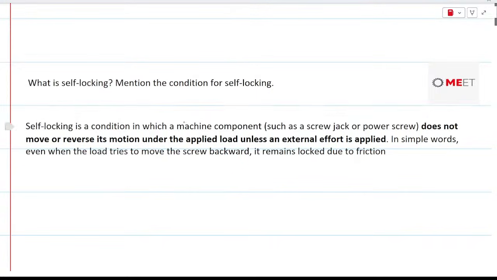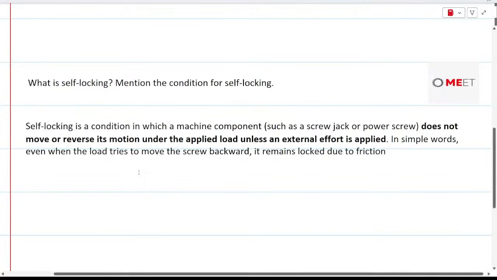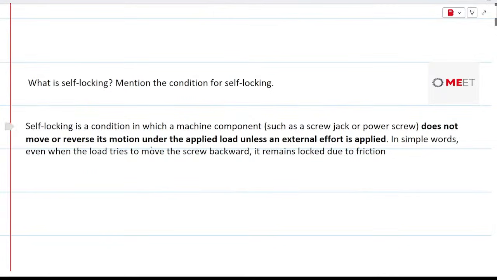So for self-locking to happen, the angle of friction, that is phi, should be greater than the helix angle. Alpha is the helix angle and phi is the angle of friction.